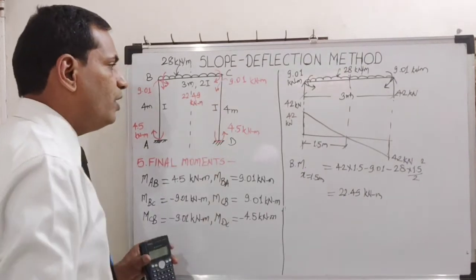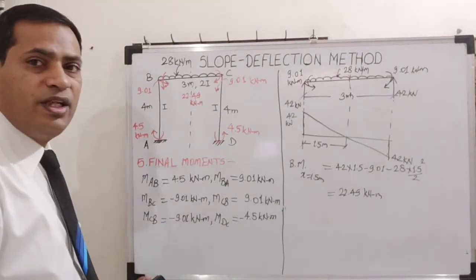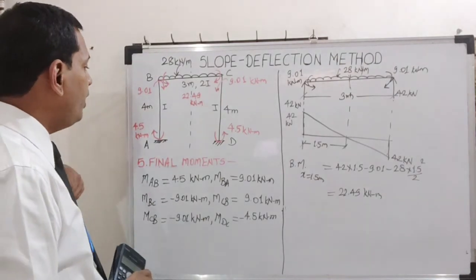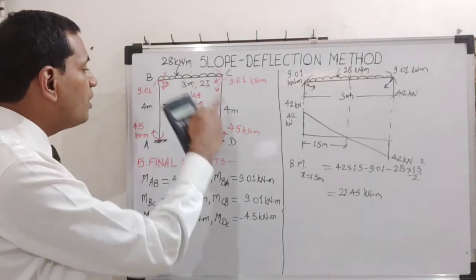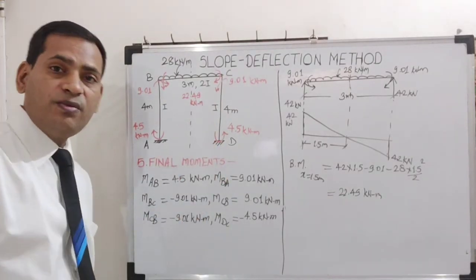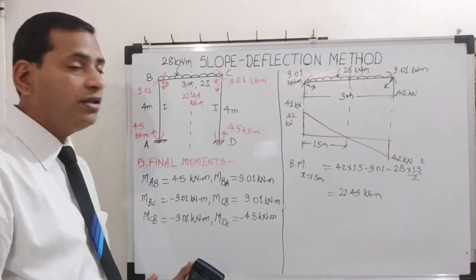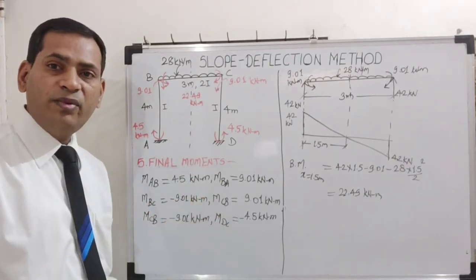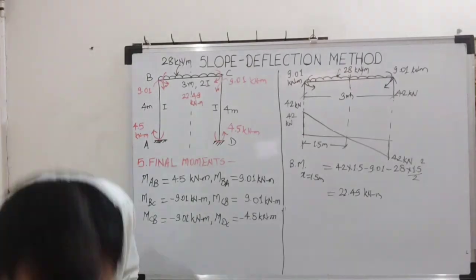Now the question is where to plot these ordinates, on which side of column, on which side of beam. So for that we need to take help of these rotations or the directions of the moments, draw the deformed shape of the frame, and then plot bending moment values and complete the bending moment diagram. So let us do it.